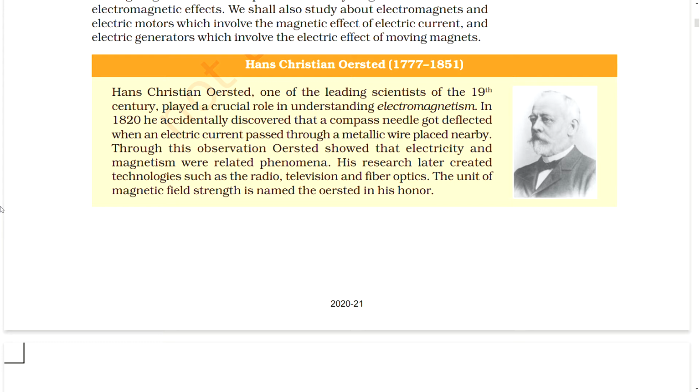Through this observation, Ørsted showed that electricity and magnetism were related phenomena. His research later created technologies such as the radio, televisions, and fiber optics. The unit of magnetic field strength is named the Ørsted in his honor.